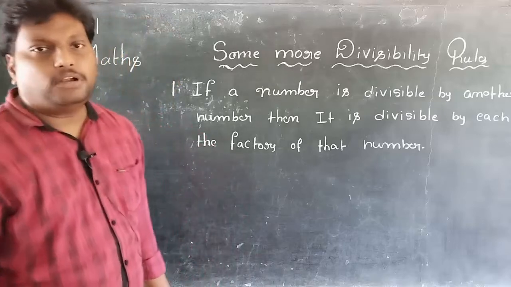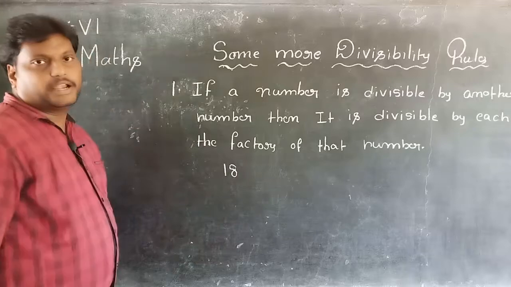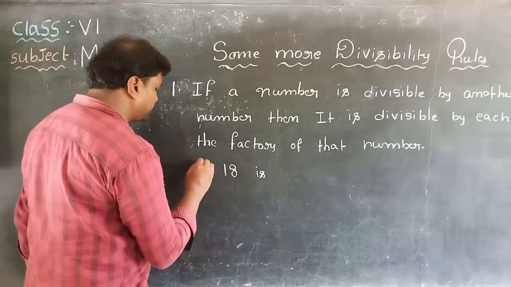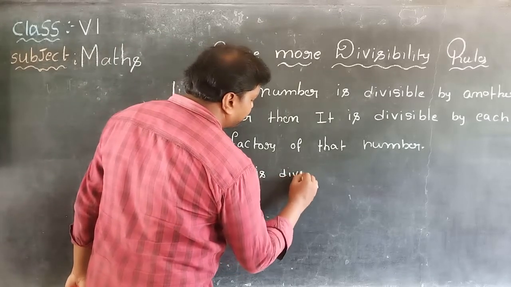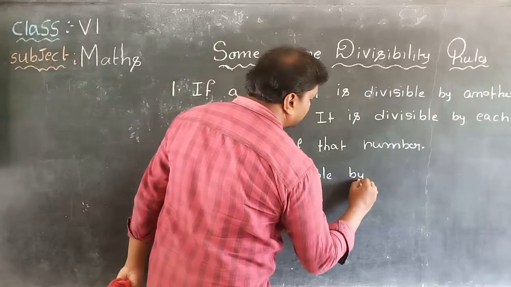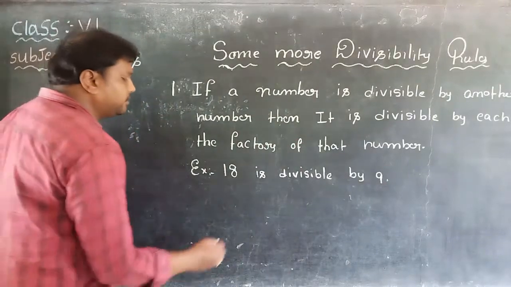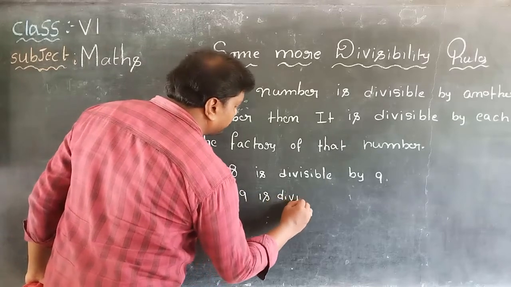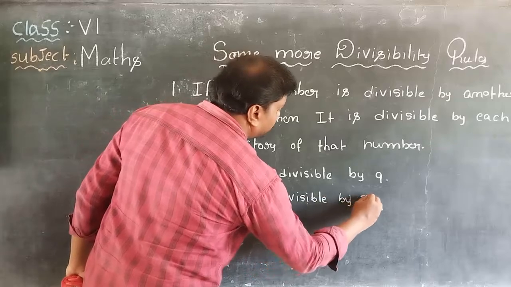For example, we'll take 18. 18 is divisible by 9, and 9 is divisible by 3.